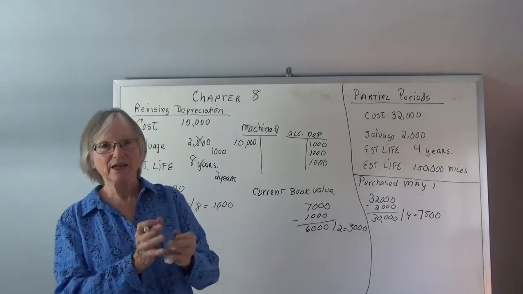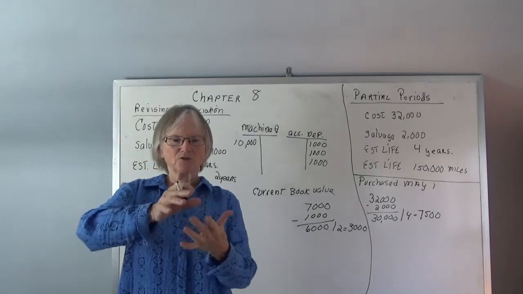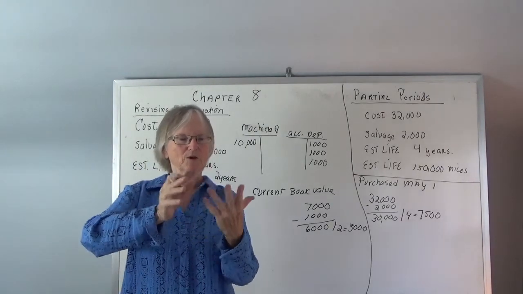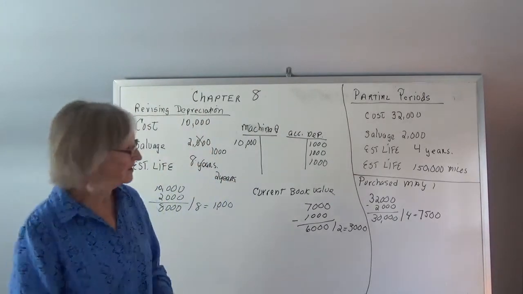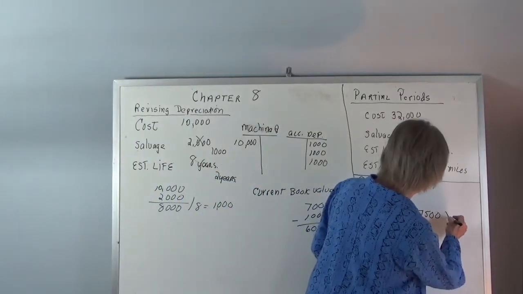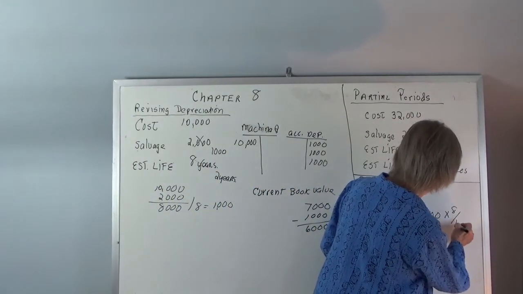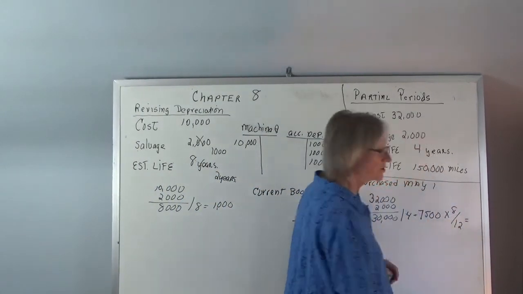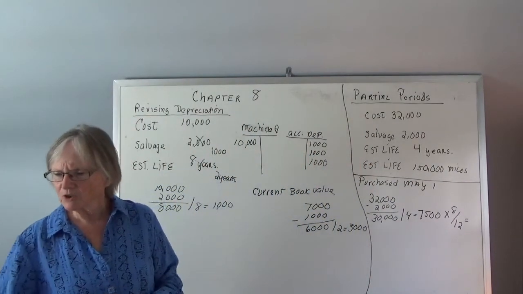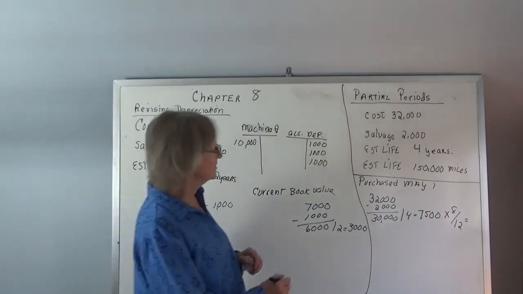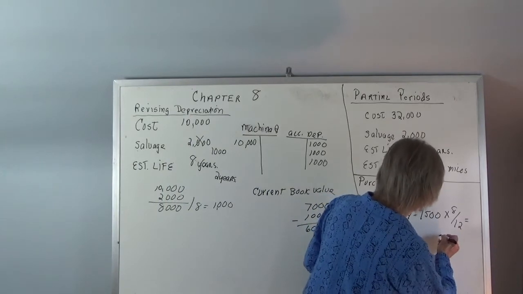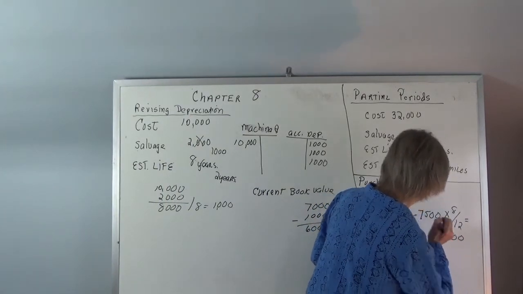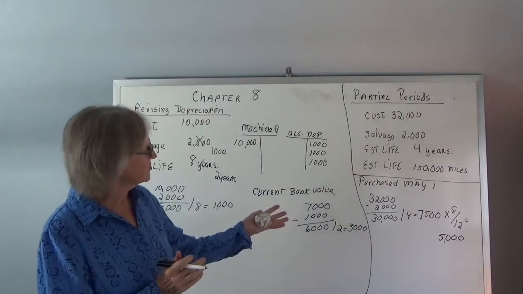Well, May, June, July, August, September, October, November, December, that's 8 months. So we're going to multiply this times 8/12 because we owned it for 8 months this year. And so we would get depreciation expense for year 1 of 5,000. Okay, so that's with straight line.